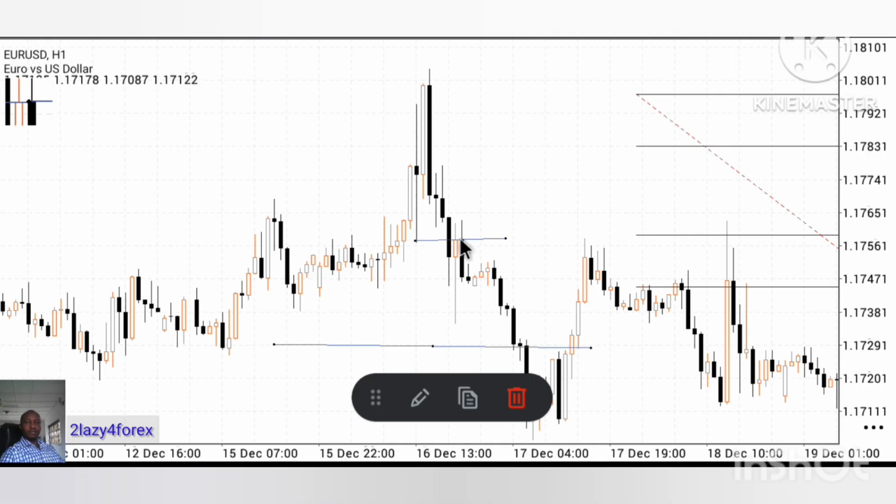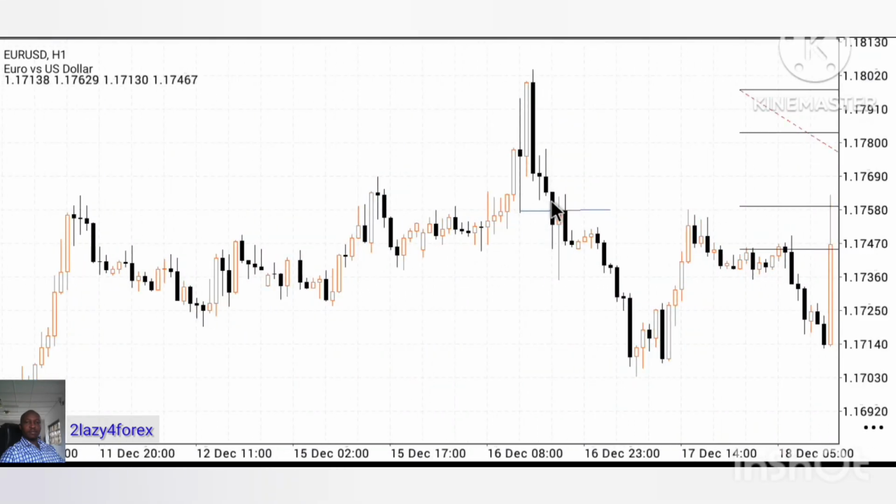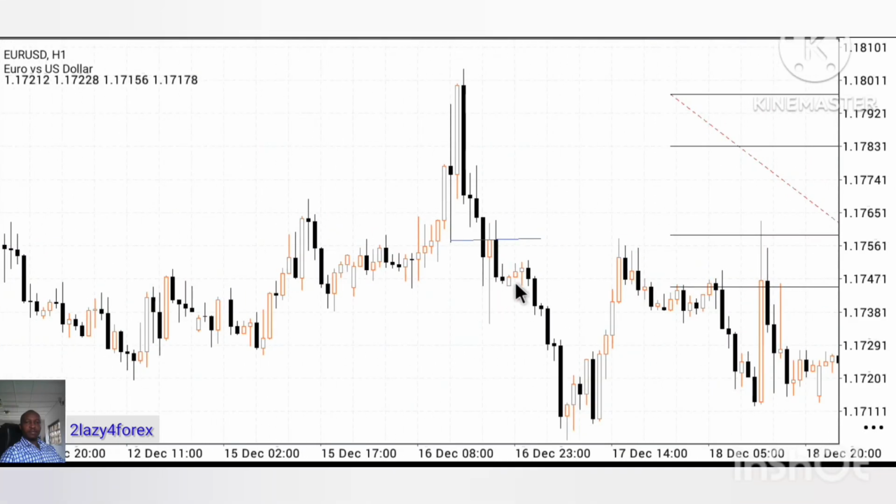For this particular black candle, this is the low. So you'll be surprised, from here to here now, the low hasn't been broken. It got broken here. Look at it. A break of that low and then a lower low forms. That is how I pick my own pullback.